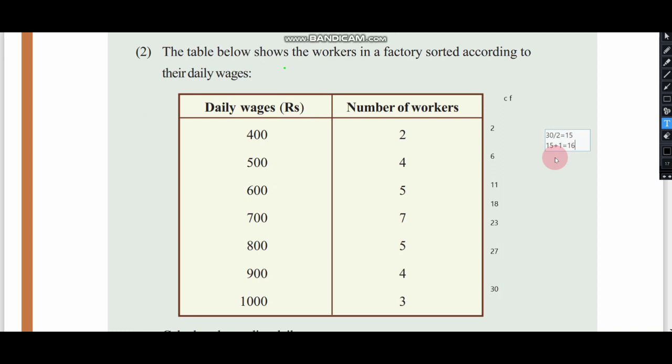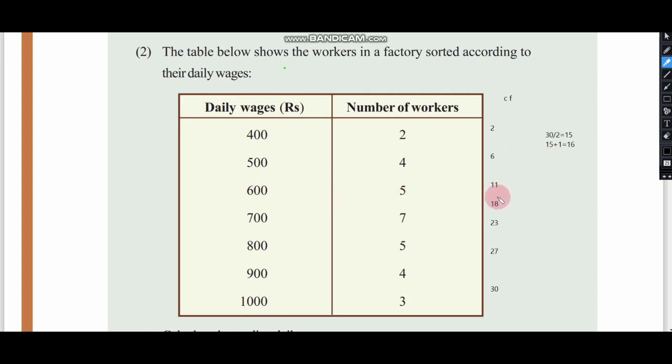That means here we need to calculate the daily wage by taking the average of the 15th worker and the 16th worker. Both belong to the same category, right? Up to 11 workers, the wages are only 600.